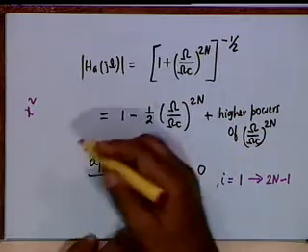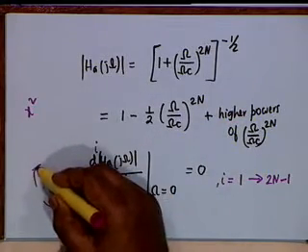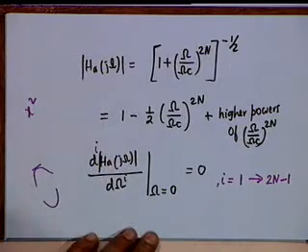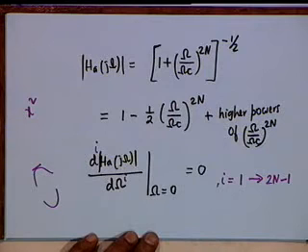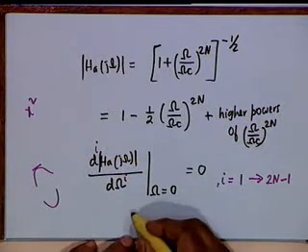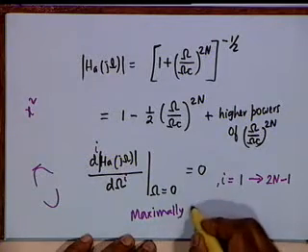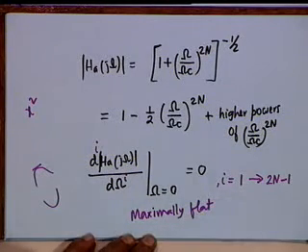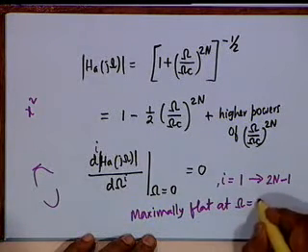It has either a maximum or a minimum, and we say that the function is flat at this point. This function, the Butterworth function, has a large number of derivatives vanishing at omega equal to 0, and therefore the function is called maximally flat. It cannot be more than this. The order of flatness cannot be more than twice n minus 1. Maximally flat at omega equal to 0.